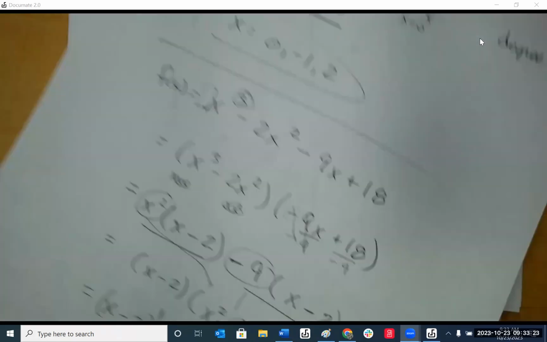So like I said earlier, when you got confused about the directions, think of this chart here.